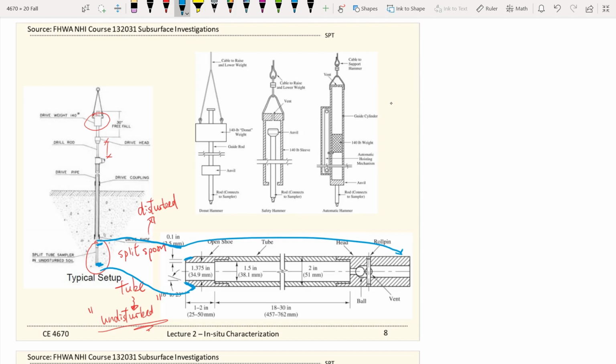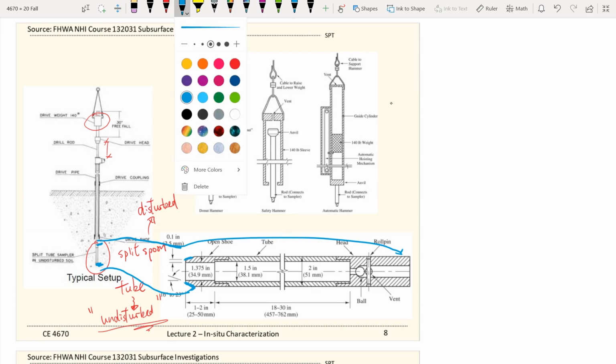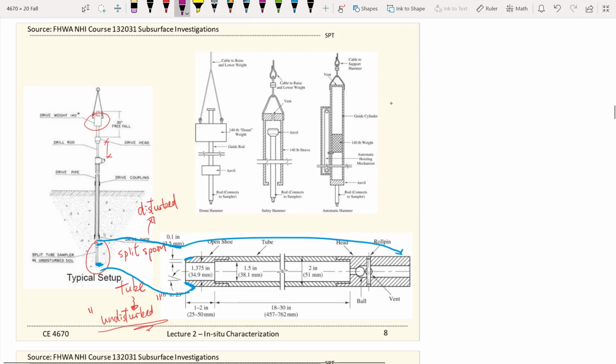When this tube or the sampler is pushed by the hammer, or the rod connected to the hammers, it is advanced by the drop hammers. So the soil will be pushed in this way.